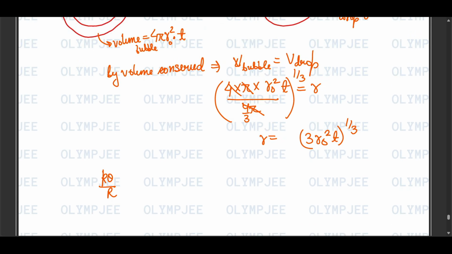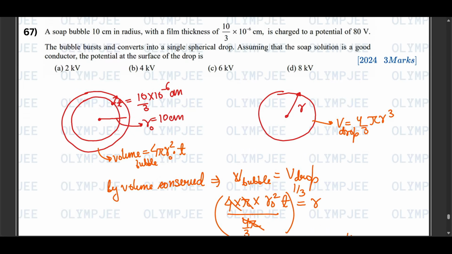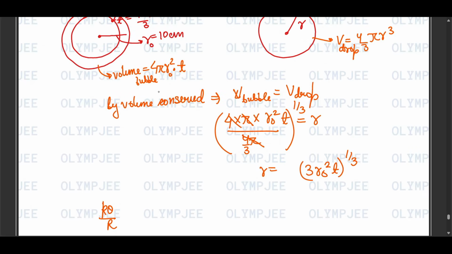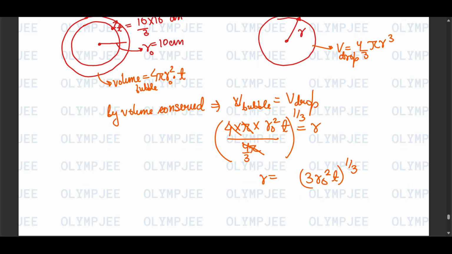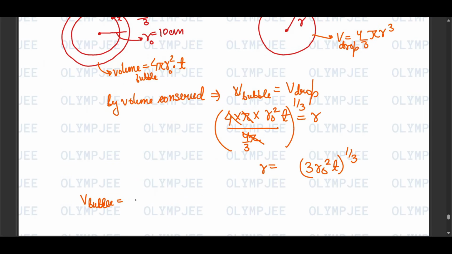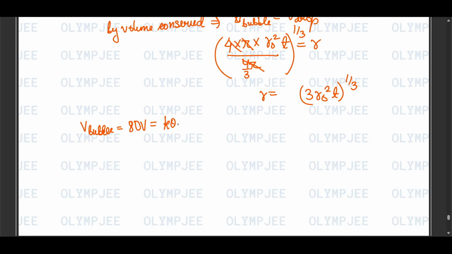And from here we know that the initial potential of the bubble was 80 volts, which is equal to k q naught by r naught. So q naught can be given as 4 pi epsilon naught r naught v naught, sorry, v bubble.